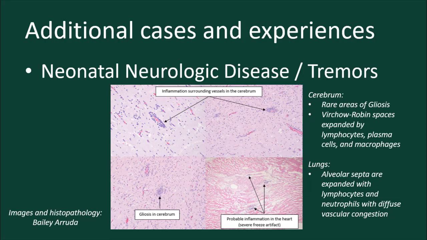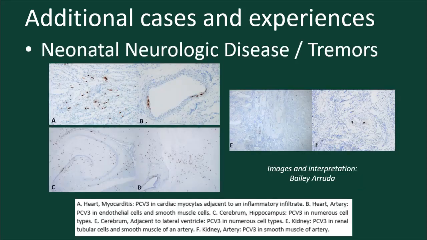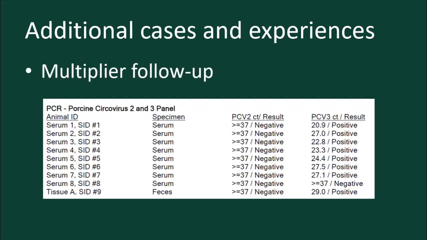And then virus was detected in the tissue, as Dr. Arruda showed earlier, again in the brain tissue, in the heart tissue, and arteries as well. So we followed up with that case, went back to the multiplier, and started bleeding individual pigs.